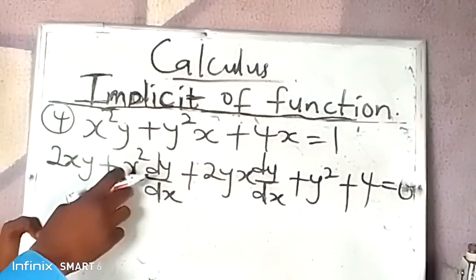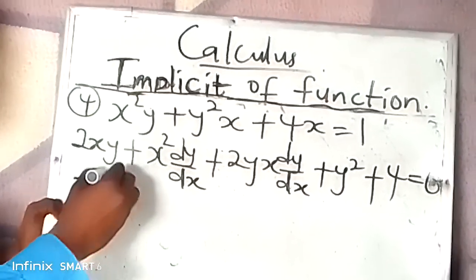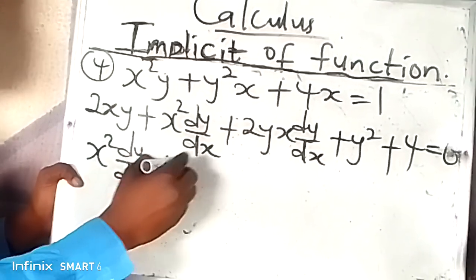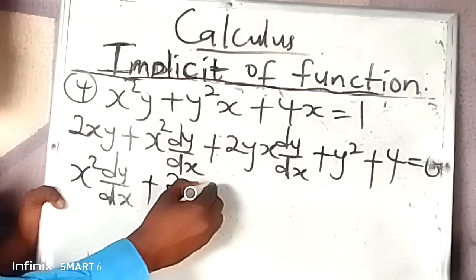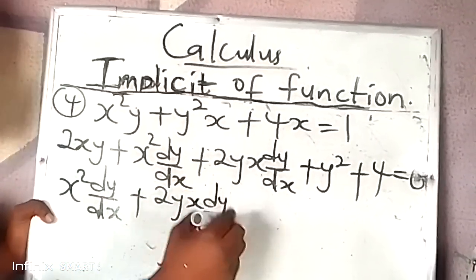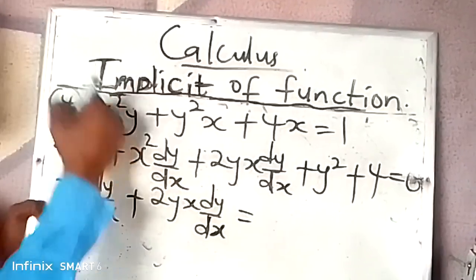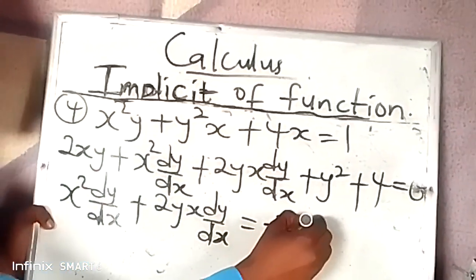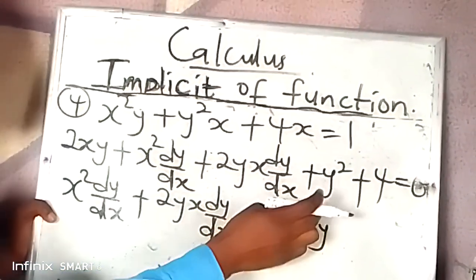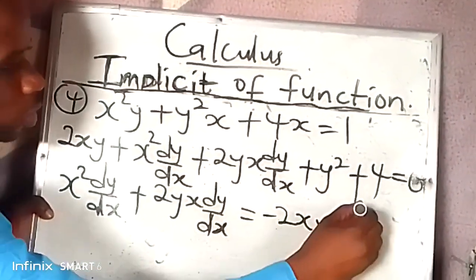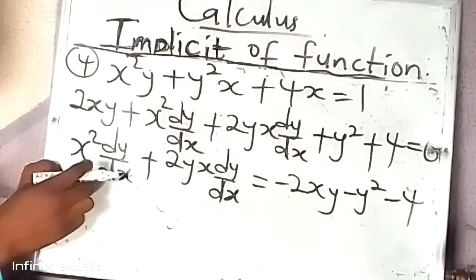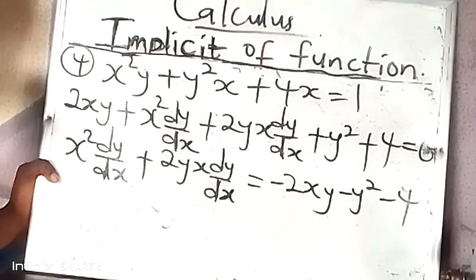Now we'll pick the ones that are having the dy/dx together. This one is having the dy/dx, that is x squared dy/dx, plus 2yx dy/dx, now equals to minus 2xy, because I'm bringing 2xy outside, minus y squared minus 4. I brought all of them outside. So I'm going to factorize for the dy/dx. The dy/dx is common.